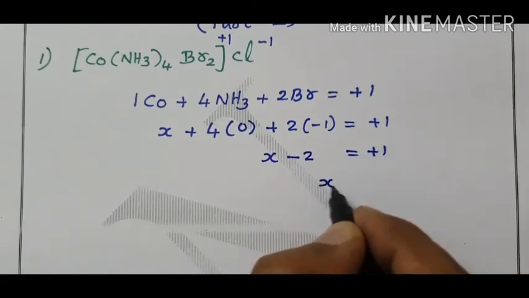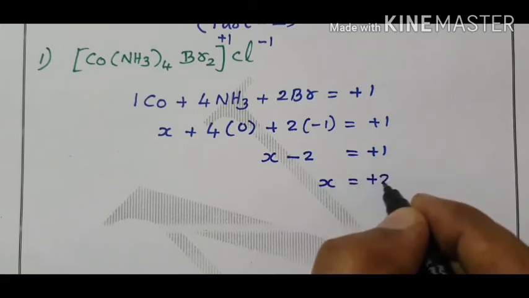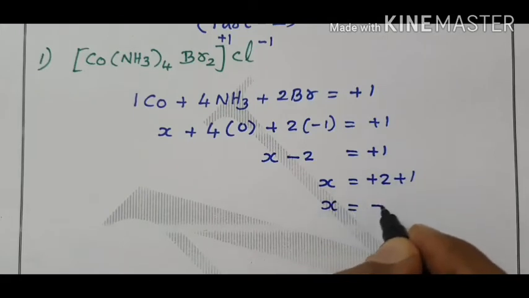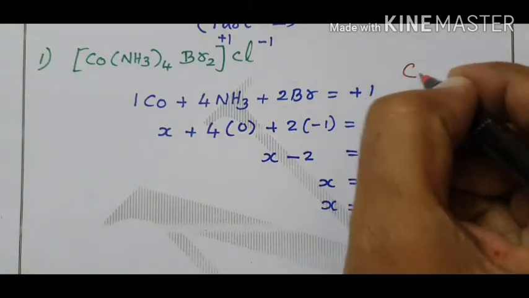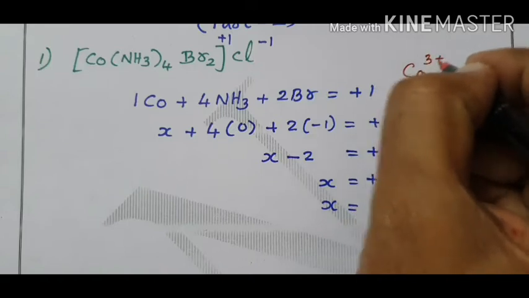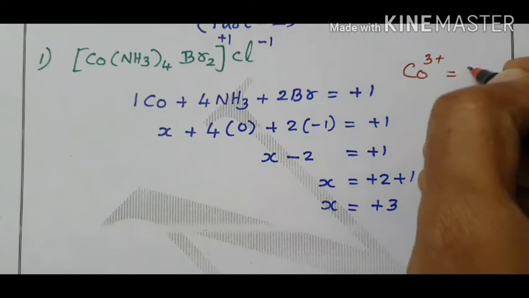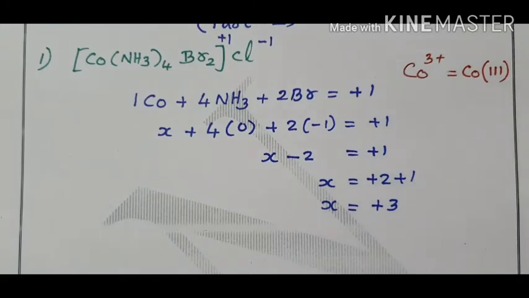When you bring this -2 to the right hand side, it becomes +2 +1. Oxidation state of cobalt in this complex is +3. That is indicated by Co3+, or in IUPAC nomenclature, cobalt Roman numeral 3, cobalt(III).